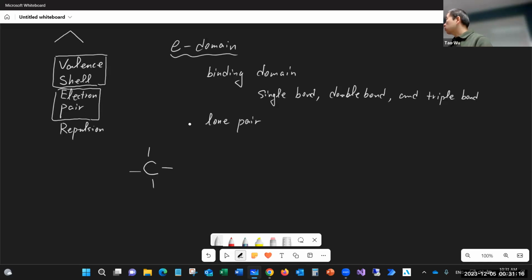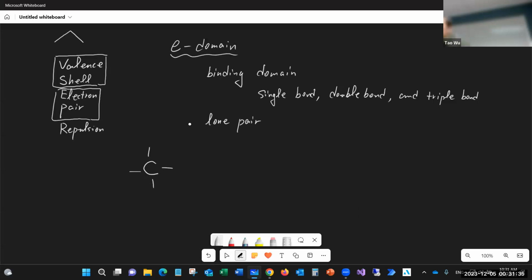So if the central atom is a carbon with 4 electron domains, the geometry should be like this. It makes sense, right? It has to be like this, a tetrahedral shape.